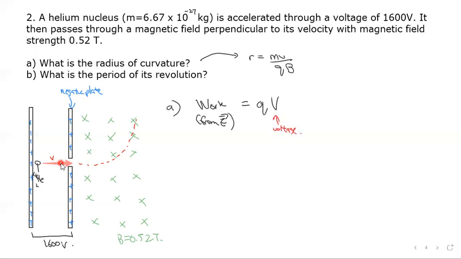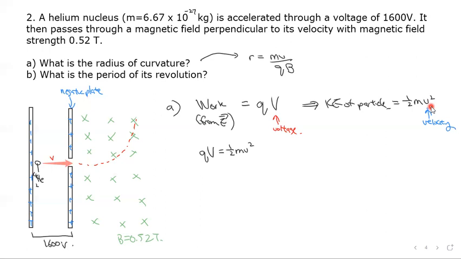So it's the charge times the voltage. But the work that the electric field does on this particle will then go into the kinetic energy of the particle, which of course is half mv squared, where this v, to be clear, is velocity. So in other words, we would equate qV equals half mv squared.